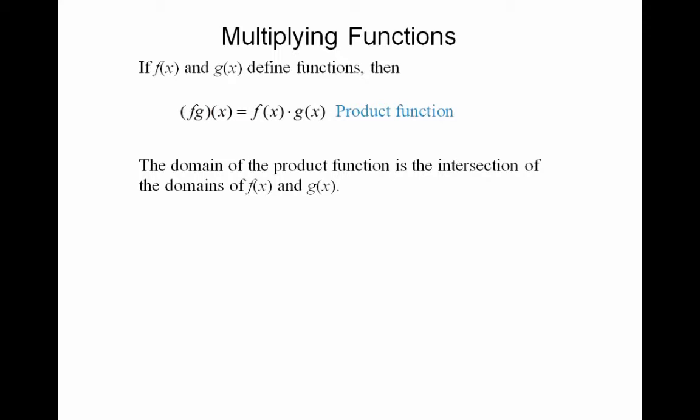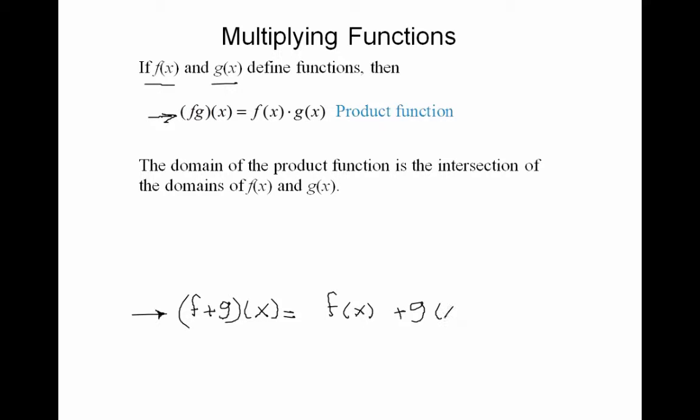Now this format also is true if I had (f plus g)(x). If (fg)(x) means f of x times g of x, meaning you take these two functions and multiply them together, what do you think this symbol would mean? Just add them, right? That means you have two functions that you need to add. That's all it means.